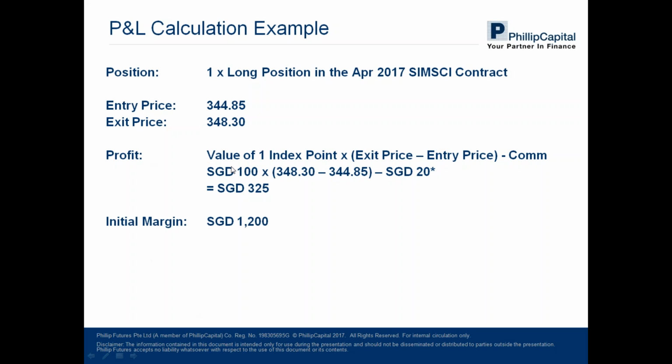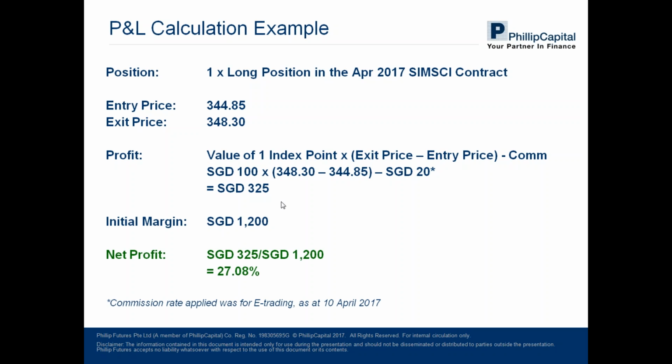But remember, the initial margin that I put up per contract was 1,200 Singapore dollars. So on a percentage basis, just from a day's work, I made 27.08% after electronic trading commissions.